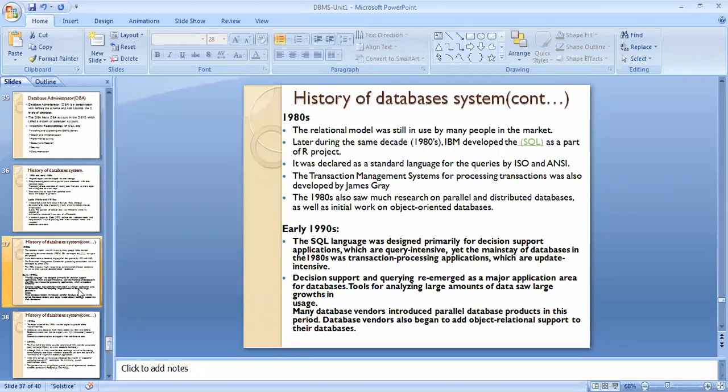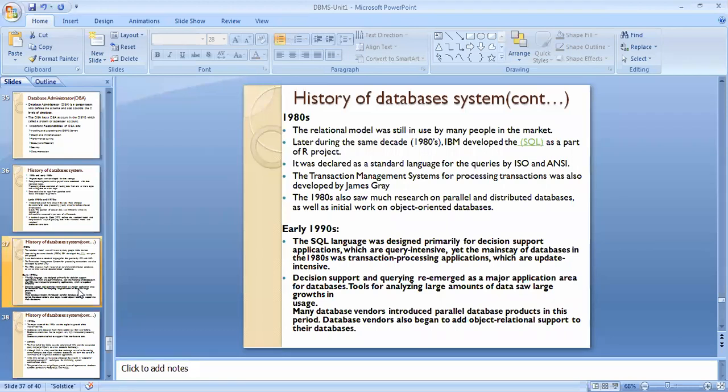Okay, SQL was invented as part of the System R project in the 1980s, and a number of researches were going on at that time on parallel as well as distributed databases. Now in the early 1990s, the SQL language was designed primarily for decision support applications, which are query intensive, yet the mainstream of databases in the 1980s was transaction processing applications, which are update intensive.